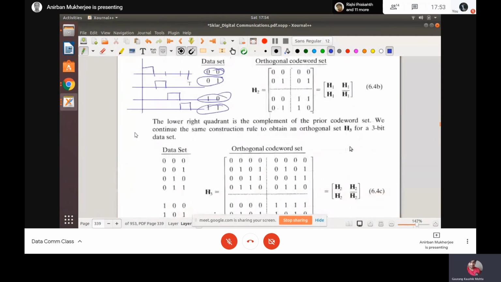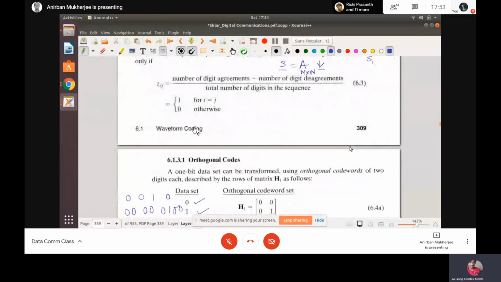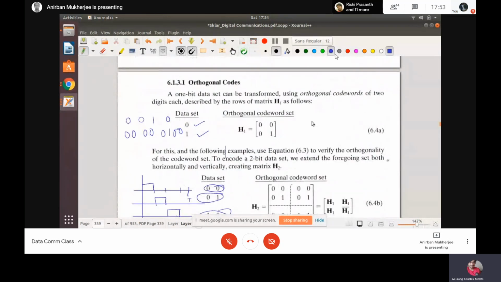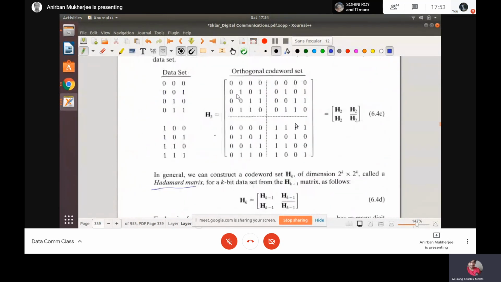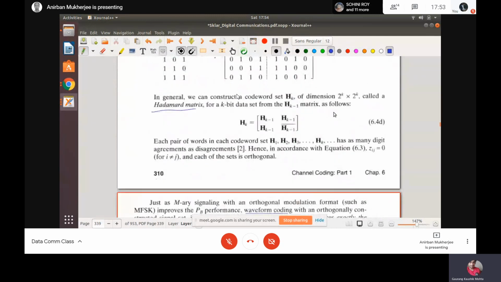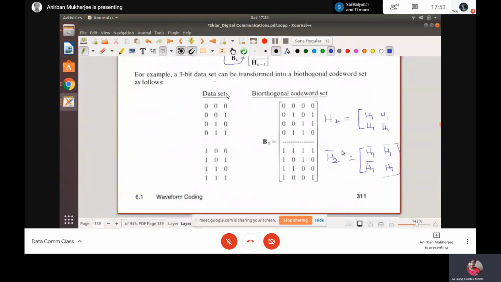If you remember, this H1 is 0 and 1. That means this is my H1.